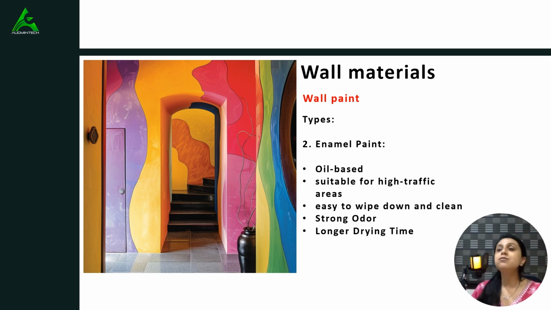As a commercial business, you do not want to spend a lot of money on repainting a lot of times. So enamel paint gives you that opportunity where you do not have to paint it again and again. You can simply wipe it off, or you can have a schedule where you're getting your walls cleaned, just like you do with your floor and other things, right? So this was the second type of paint.